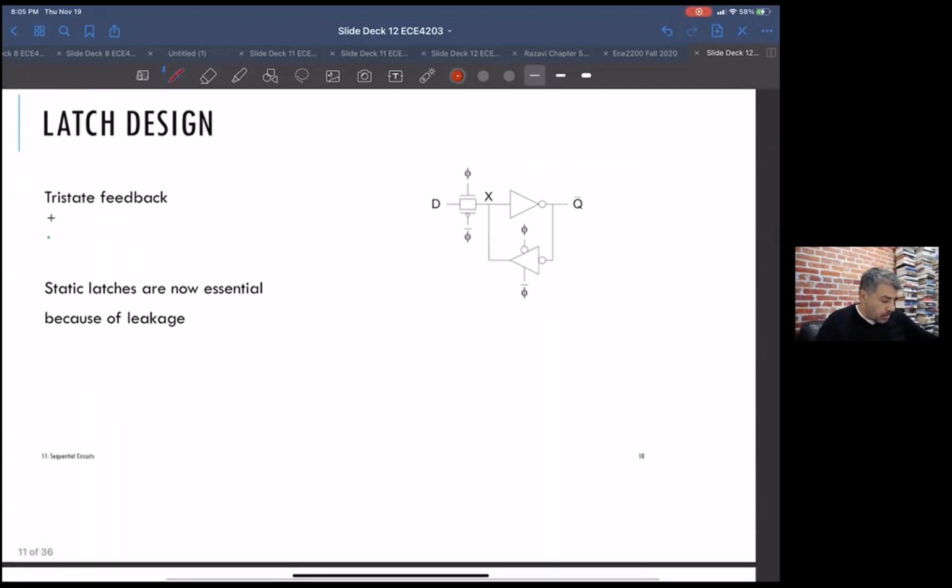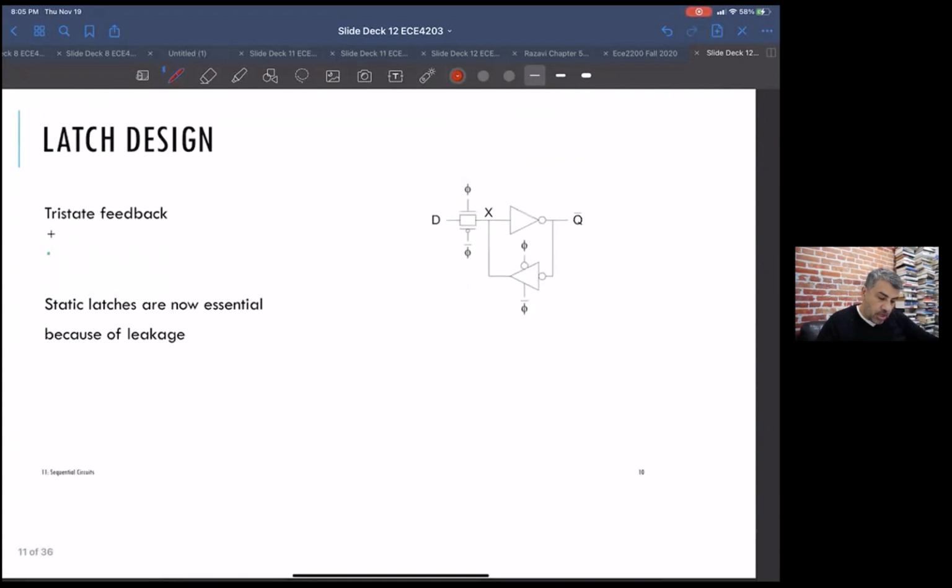So now we're talking about how to get rid of this bad dynamic latch. So let's take a look at this. This is what we did.